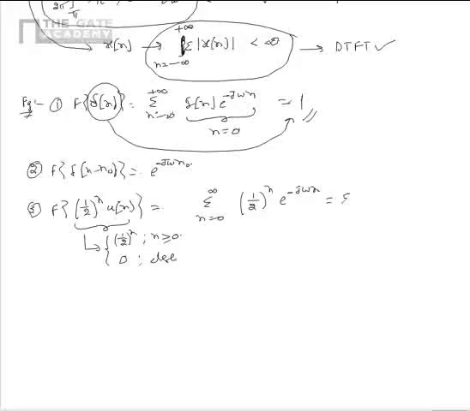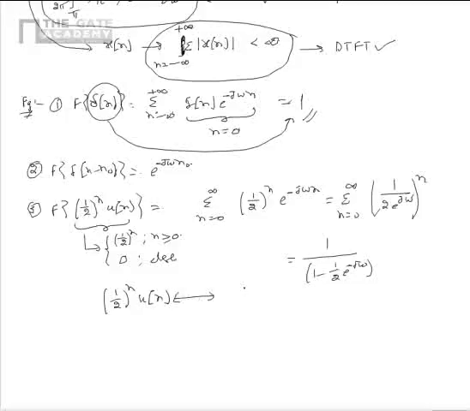So this upon simplification can be written as sigma n equal to 0 to infinity 1 by 2 into e power minus j omega whole power n. So this upon simplification becomes 1 by 1 minus 1 by 2 e power minus j omega. So from this we see that for the given signal, that is 1 by 2 whole power n u of n, which is a causal signal, the DTFT is given as 1 by 1 minus 1 by 2 multiplied by e power minus j omega.